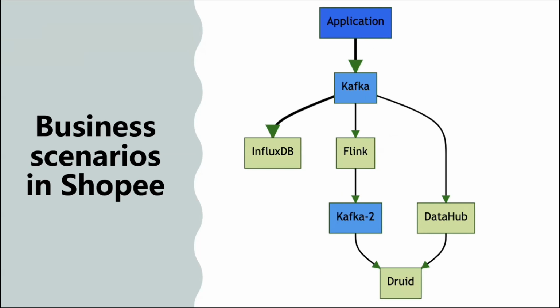So this business switched the database from InfluxDB to Druid and wants to dump the old data into Druid as well. Normally, we need to develop a Flink program to process the upstream data in Kafka and send it back to another Kafka topic. SeaTunnel can directly read the data from upstream Kafka and write it into Druid, which is a better way for this business scenario.